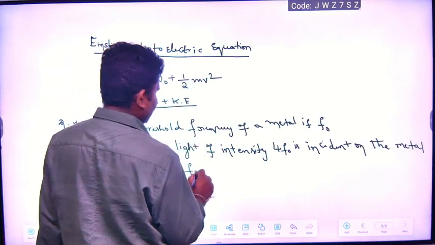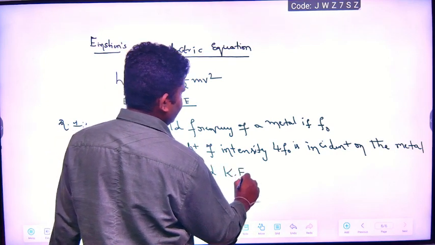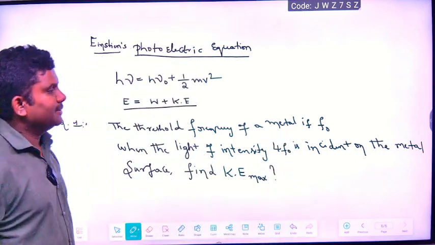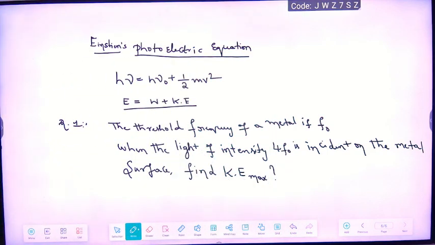Find kinetic energy, find KE max. Do it. This is a simple question. Please do it, it's very easy.